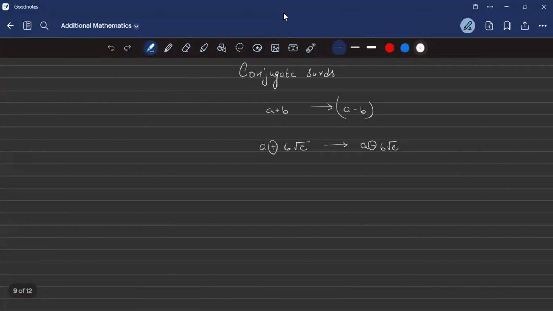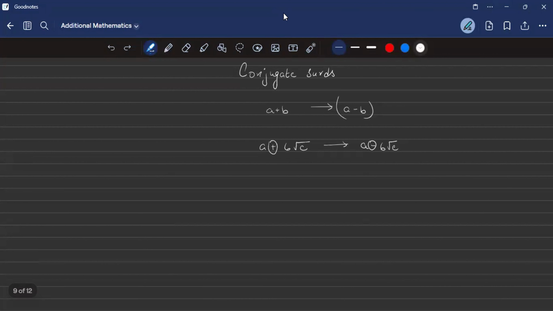Whenever we have conjugate surds, we are going to get a rational number. And what is a rational number? It's a whole number, for example 4, 6, 7, 8, 9, 10. So whenever we use conjugate surds, we get a rational number.